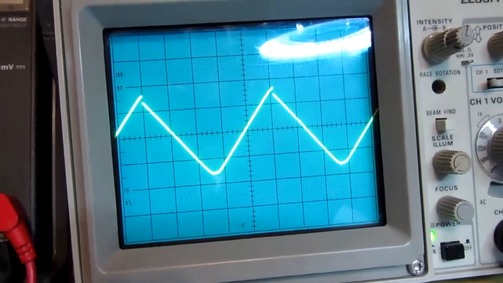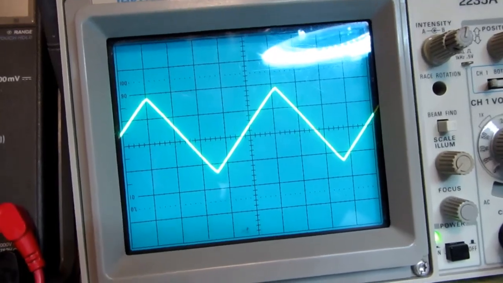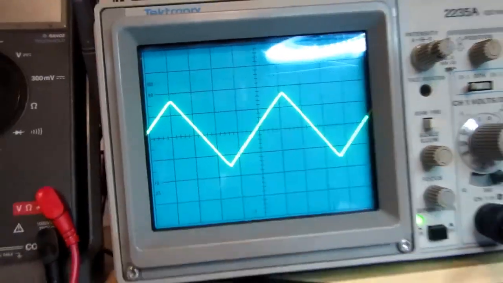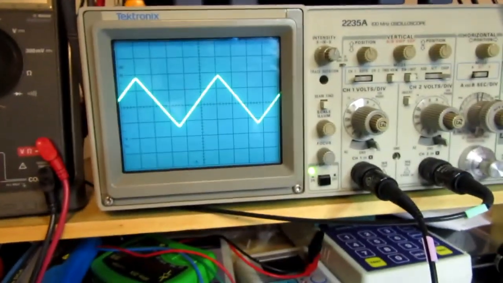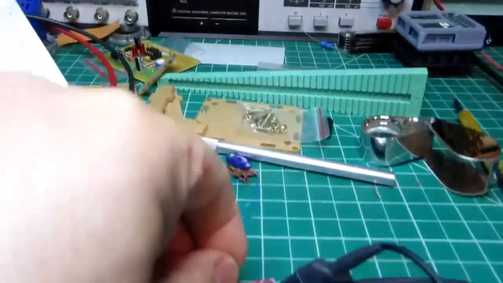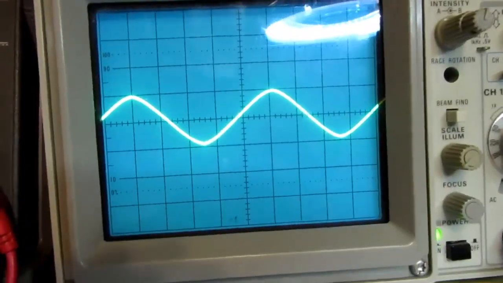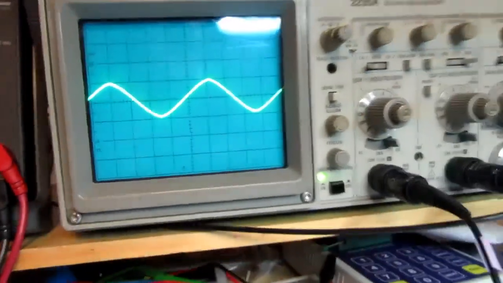It's kind of just crap. So that's not helping at all. Alright, moving it back to the sine wave position. That's just about as good as it's going to get. Nothing else to be done about it.